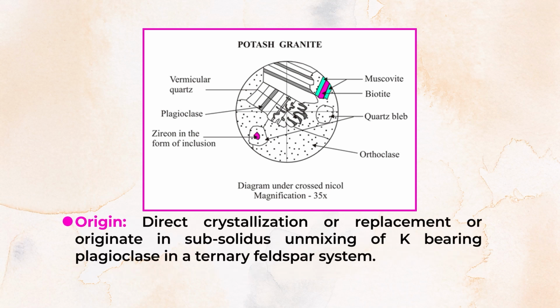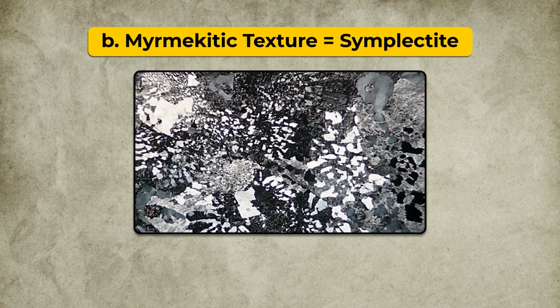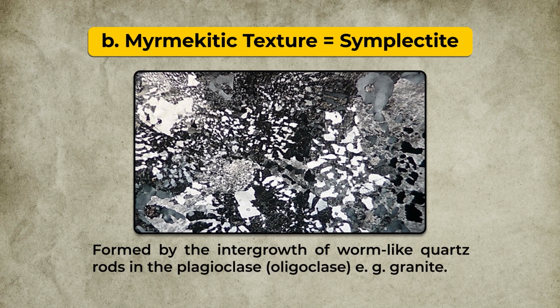It originated by direct crystallization or replacement, or originated in subsolidus unmixing of K-bearing plagioclase in a ternary feldspar system. The myrmekitic texture is also known as symplectic texture. It is formed by intergrowth of worm-like quartz rods in the plagioclase, which is also called oligoclase, and the example is granite.